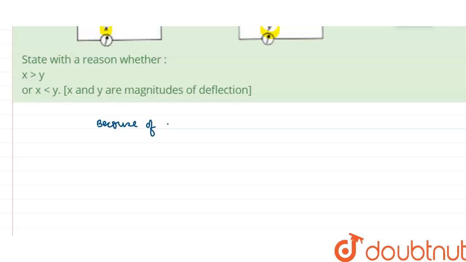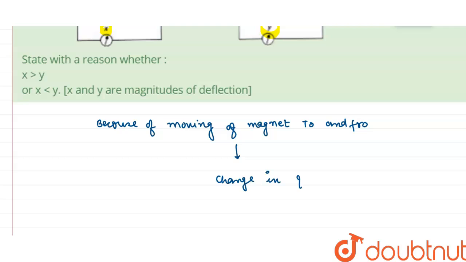Because of the moving of the magnet to and fro, there is a change in flux of the coil, the change in flux which is associated with this coil.